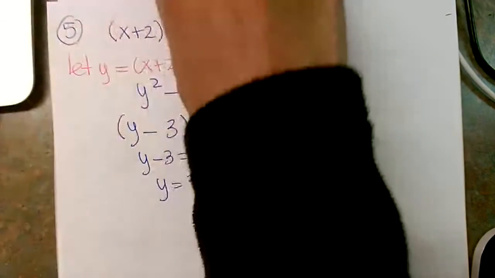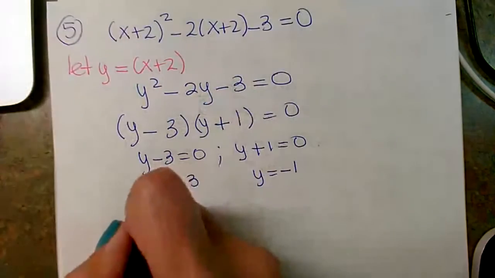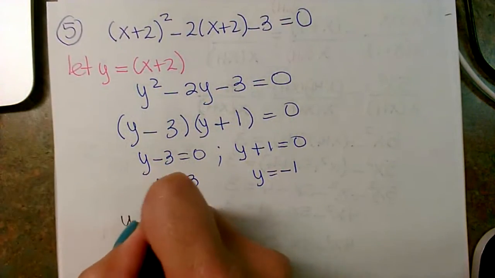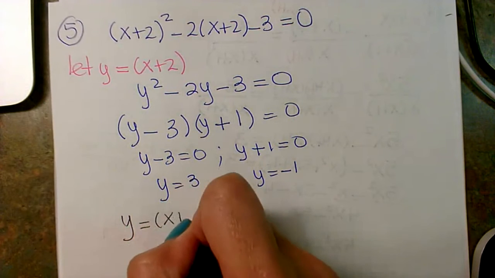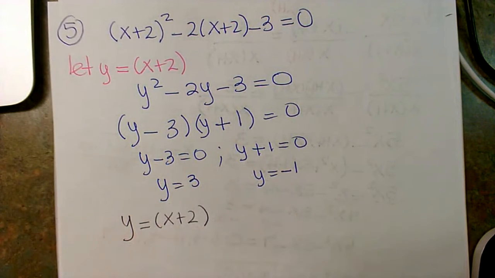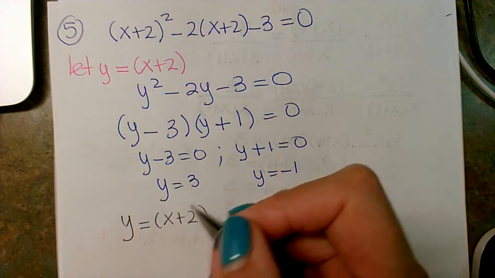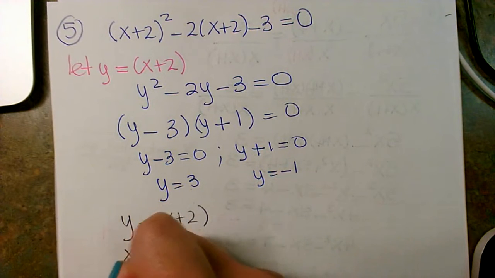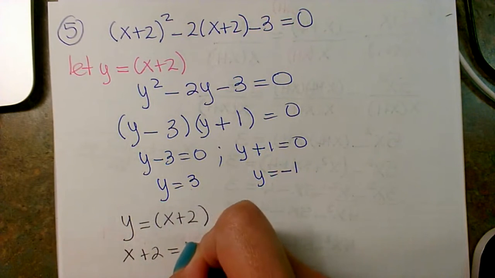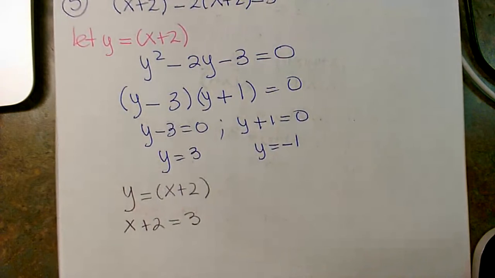So let's take, we have y equals to x plus 2, right? And we have y equals to 3. So it's going to be x plus 2 equals to 3, right?